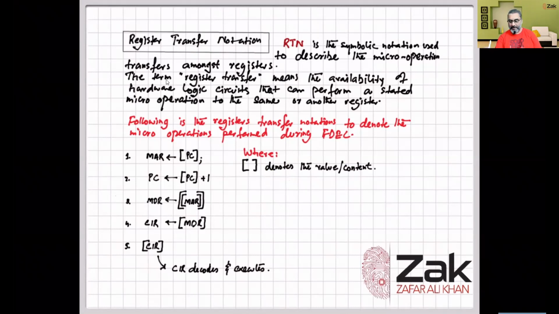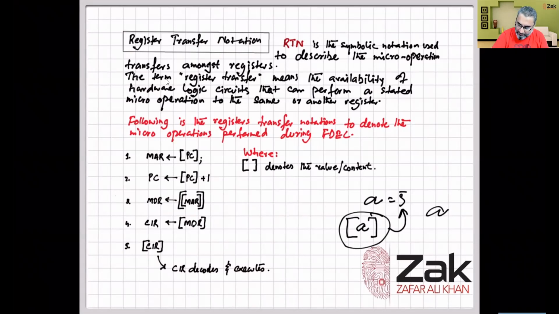So if a variable A is 5, this means we are referring to 5. Mind it. But if I write A without brackets, I am generally referring to A. If it is in the brackets, I am referring to the value of A. They might look the same, but in computer science, these are two different things.